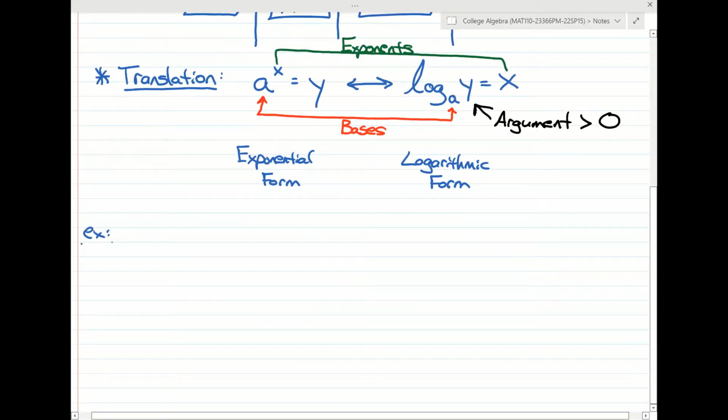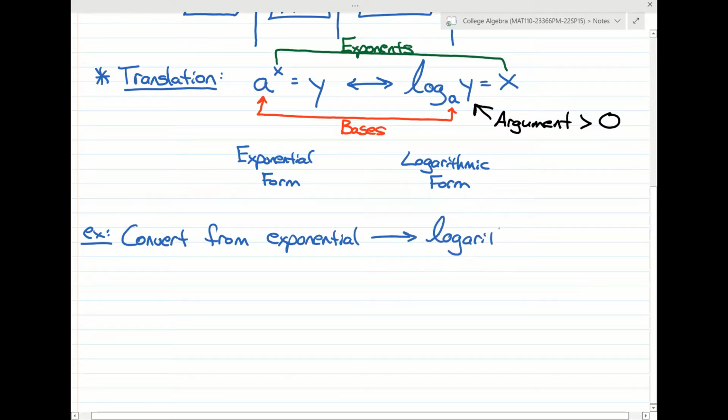In these two examples, we're going to convert exponential to logarithmic form and vice versa. So for example, if I gave you a problem in exponential form, write it using logs.